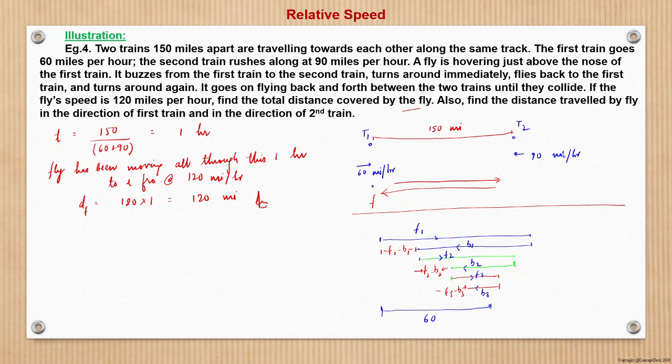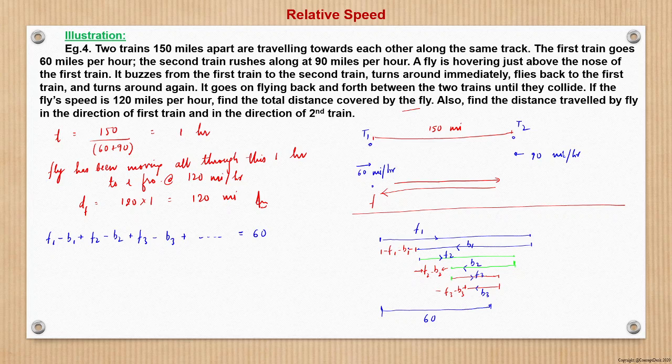So if we keep on adding these respective gaps, F1 minus B1 plus F2 minus B2 plus F3 minus B3 and so on, the summation will lead to this distance, 60, right?